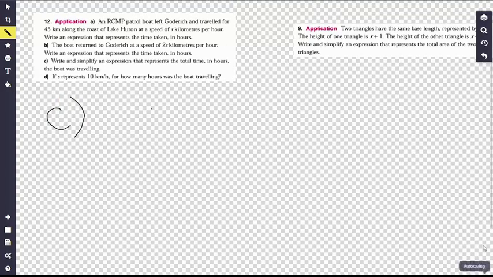Simplify the expression. Instead of writing s per hour, I'm just going to write s, because we all know s is in kilometers per hour. I want everybody to understand that. So our part A answer was 45 divided by s, and our part B answer was 45 divided by 2s.